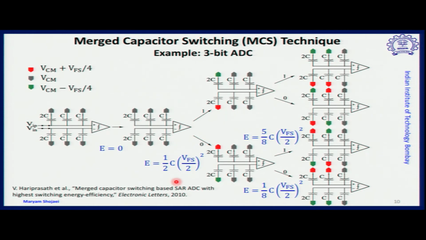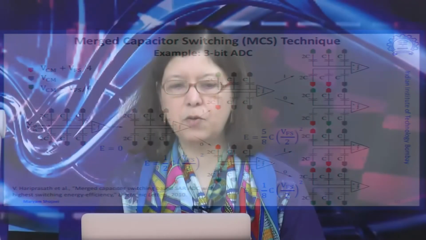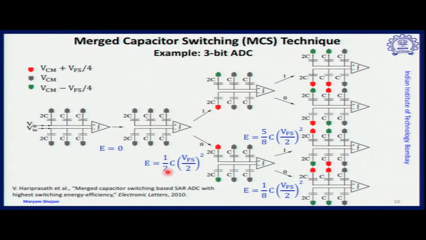Now, because switching levels are changed from initial value of VCM minus V full scale by 4 to VCM or VCM plus V full scale by 4 to VCM, here you see there is a factor of 1/2. Fraction of CV full scale by 2 whole square is consumed, and therefore energy is saved.